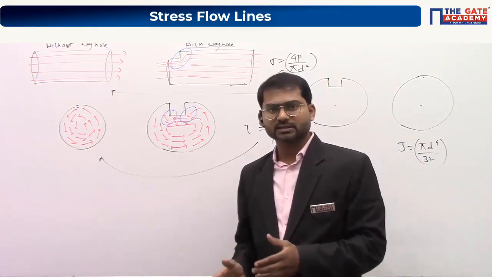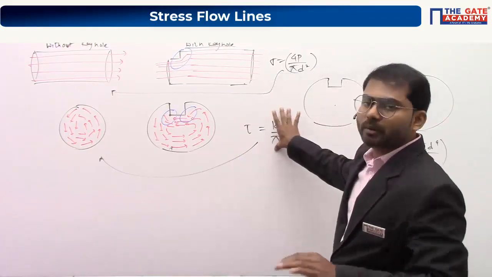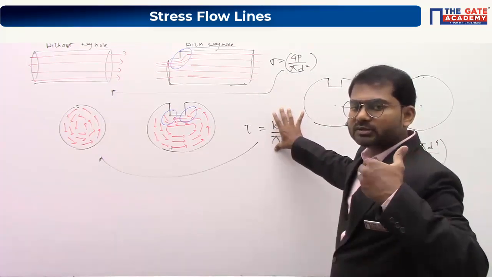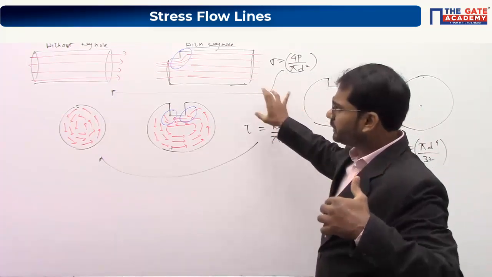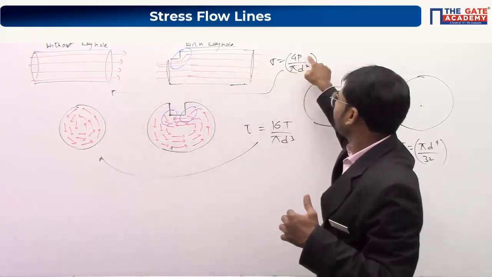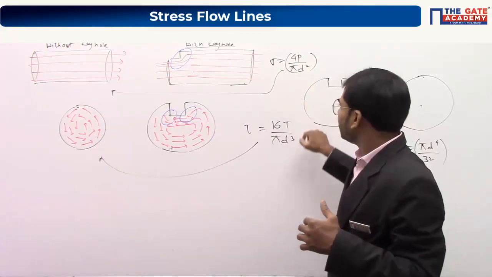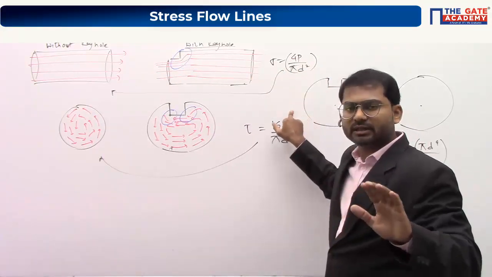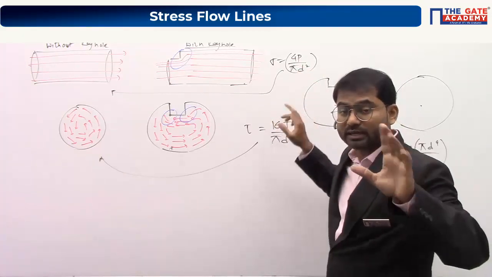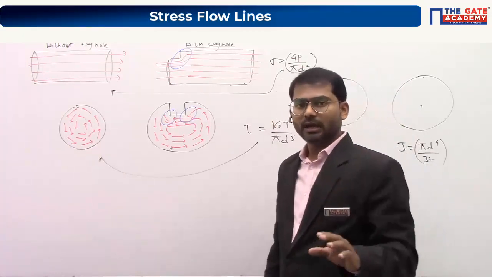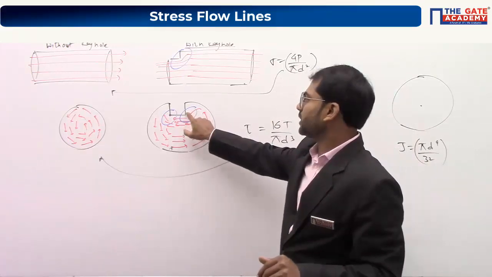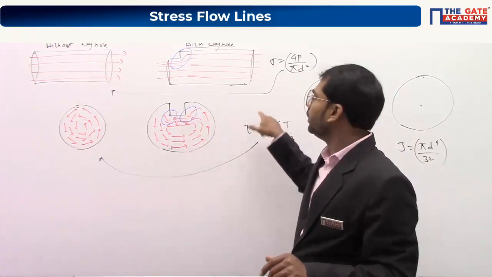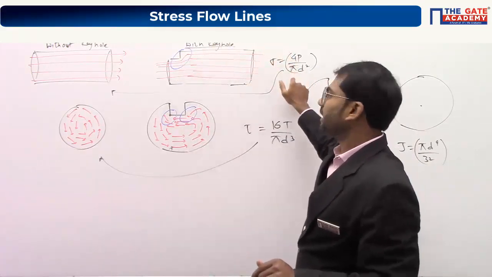So it's a very serious concern, because our understanding is that whatever stress is produced, sigma equal to 4P by pi d square or tau equal to 16T by pi d cube, if these values are less than the strength of the metal, it is fine. The metal is not going to fail. That is the understanding we got from SOM. But here, stress at these locations is more than 16T by pi d cube, and stress at this location is more than 4P by pi d square.